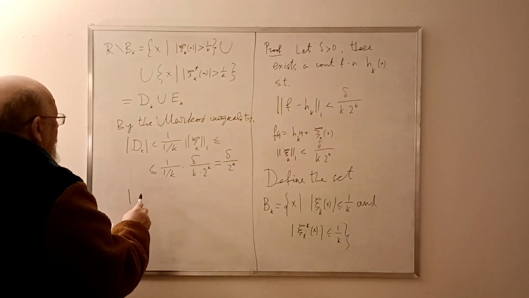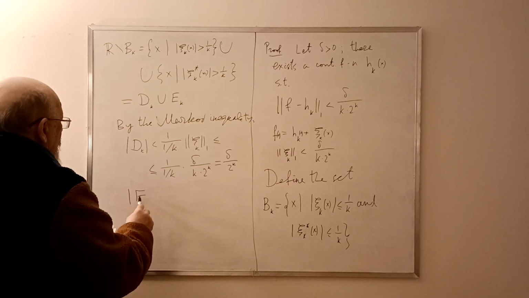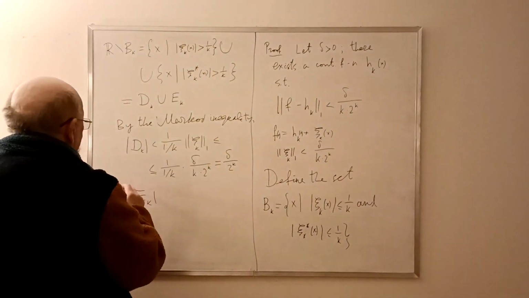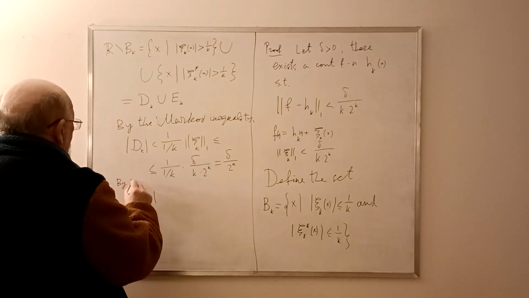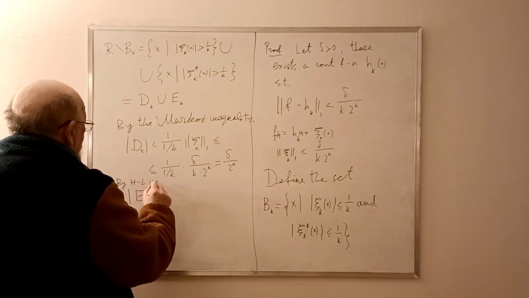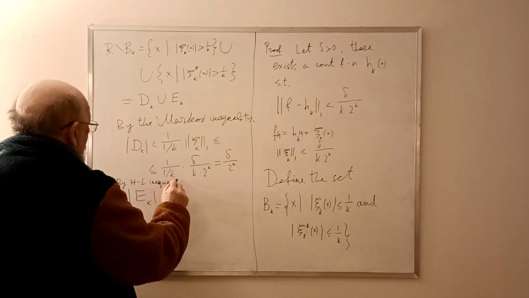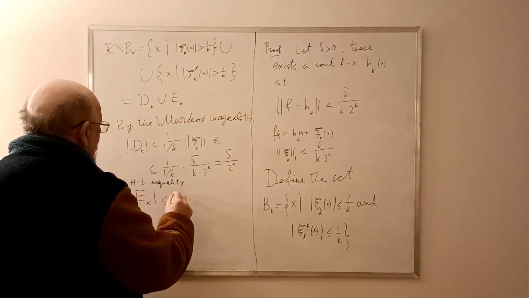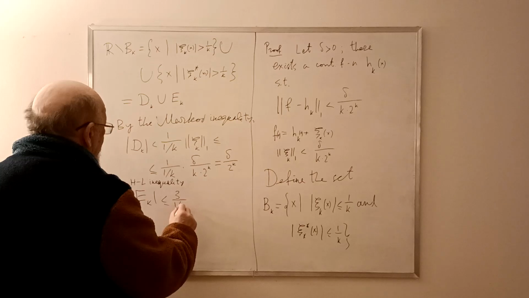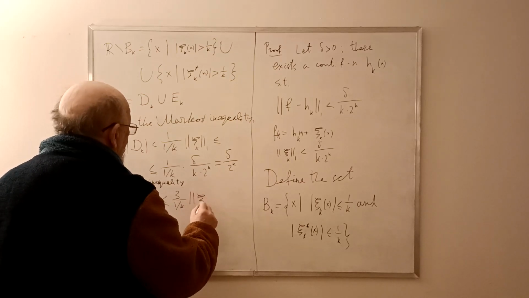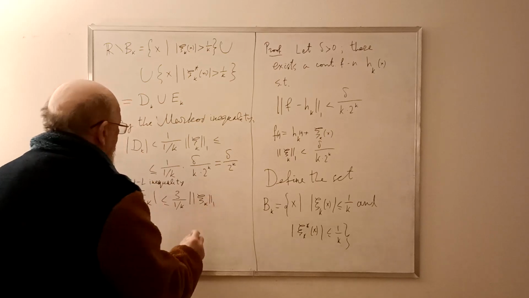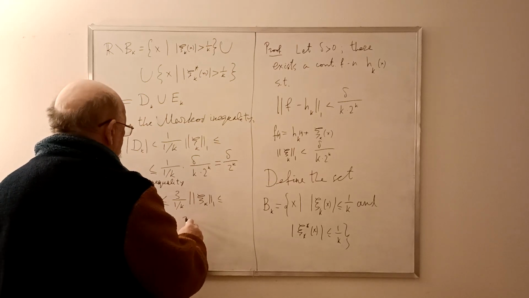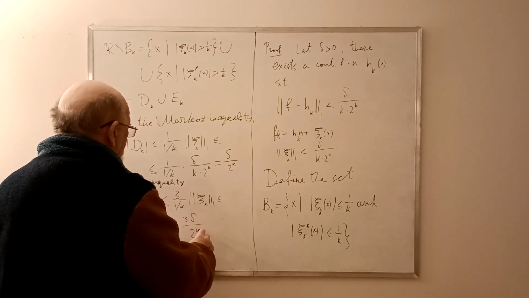The outer measure of Ek is, by the Hardy-Littlewood inequality, less or equal 3 divided by 1 over k times the norm of psi k in L1, which is less or equal than 3 delta over 2 to the power k.